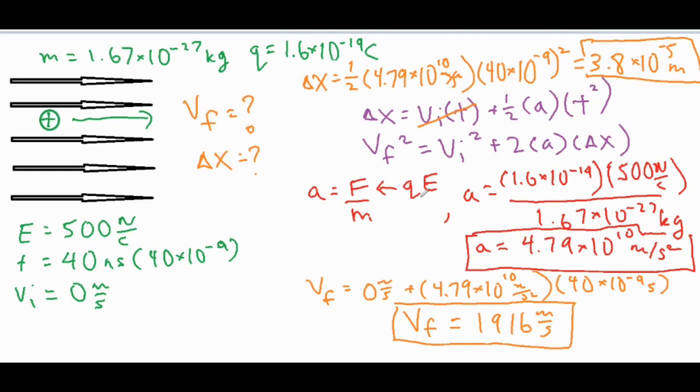And then you're going to take your electric field value, which in this case was 500 newtons per coulomb. And then once you find the acceleration, you pair that up with two other values because you need three known values to plug into any of your accelerated kinematic formulas. And then from there, you can solve for whatever you're looking for. In this case, we solved for VF and a delta X.